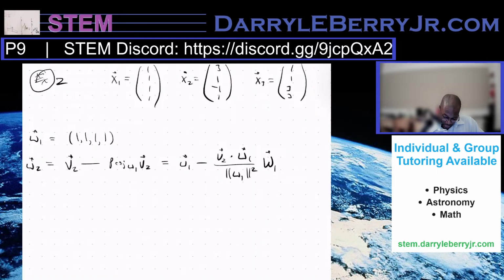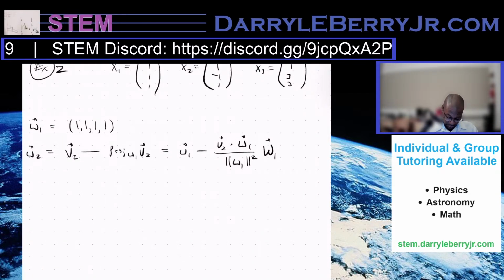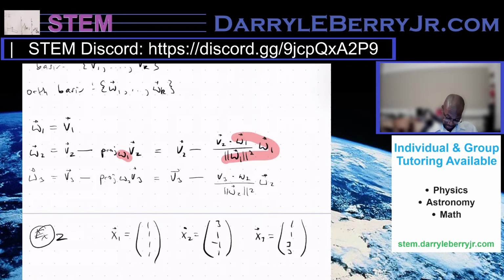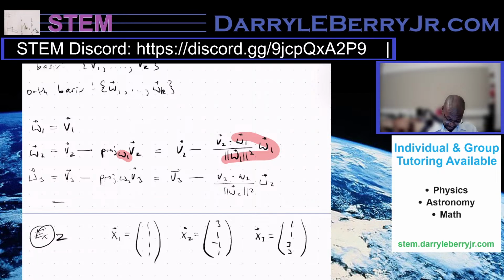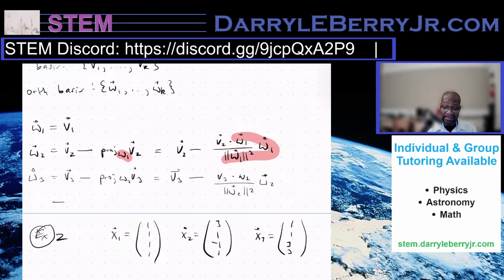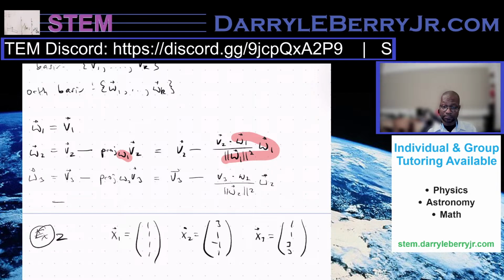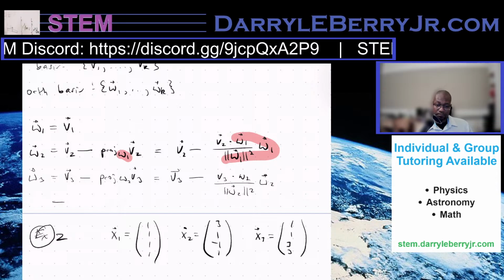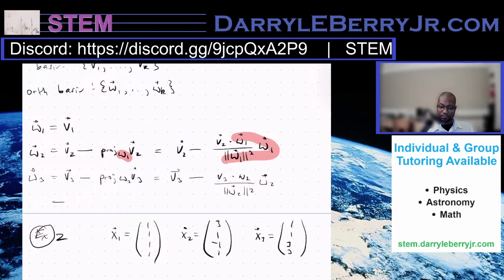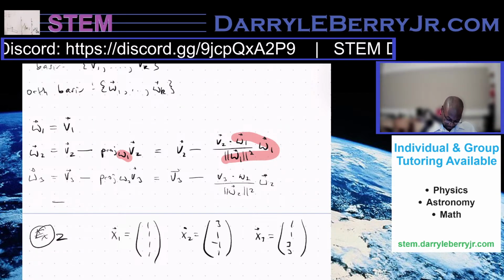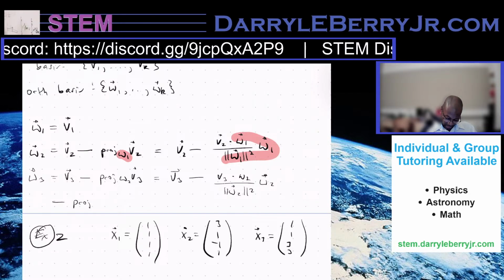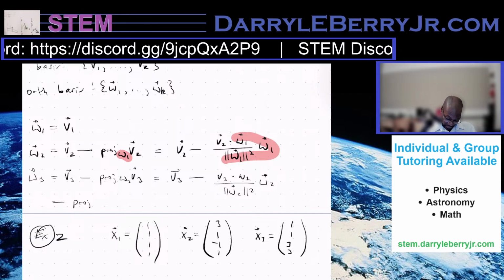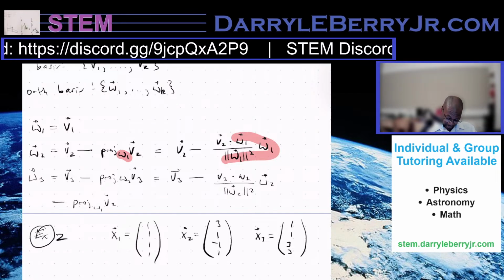So still trying to work out a good pattern. And actually this continues, minus projection onto W1 of V2.